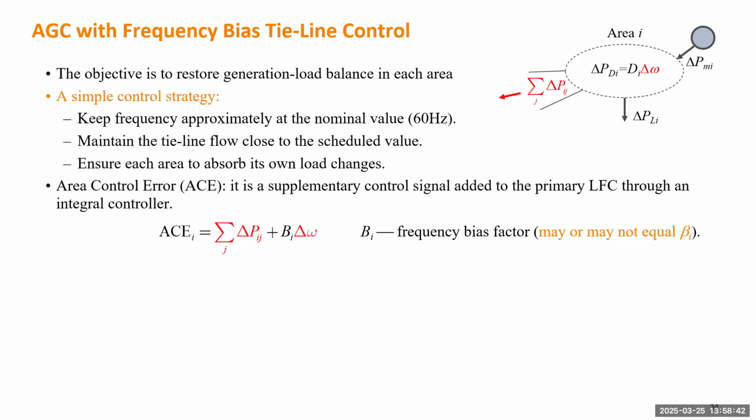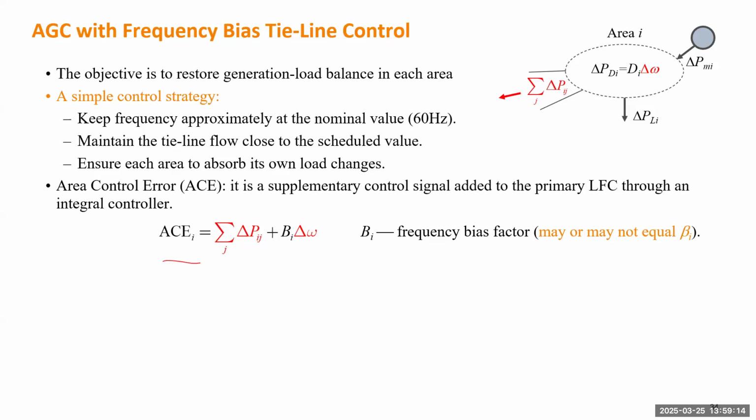So here we assume this control index will be a linear combination of the tie-line flows and also the frequency deviation, right? And we introduce a weight, which is B. First of all, the unit of this index is power. The first item tells the total tie-line flow change from this area.